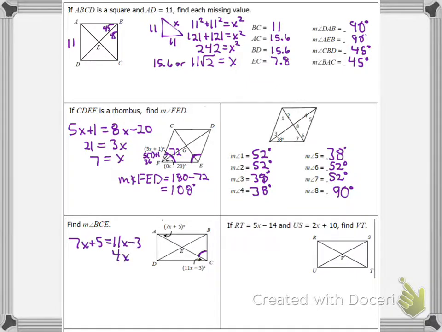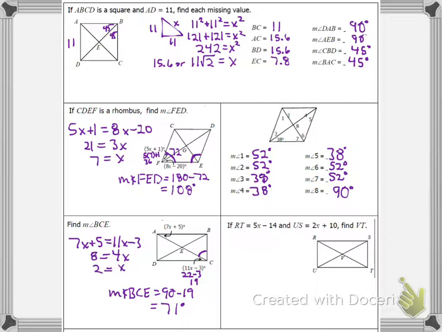We get 4x equals 8, and x equals 2. If I substitute that in, we get 22 minus 3, or 19. Now, to find the measure of angle BCE, we're going to do 90 minus 19, and we get 71 degrees.